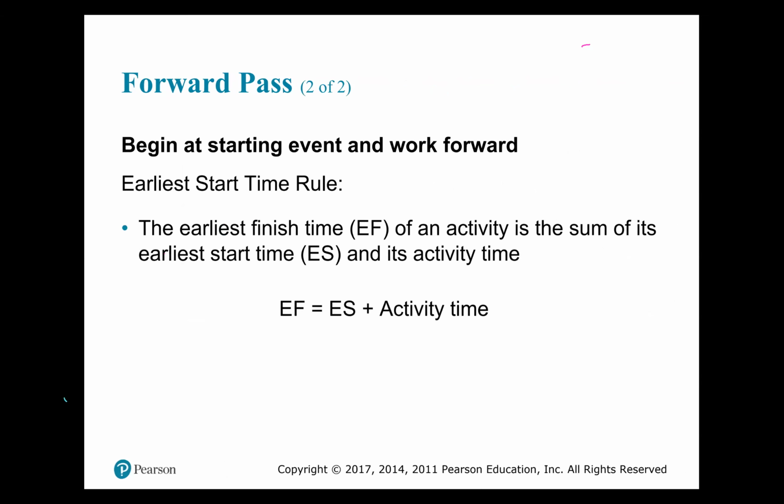Now, remember I said that when you think about the early start, your next thought should be, so what about the early finish? So here's the rule for the early finish. The earliest finish time, EF or EFT, of an activity is the sum of its early start time and its activity time.